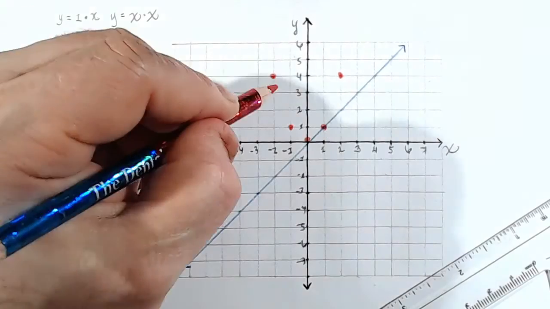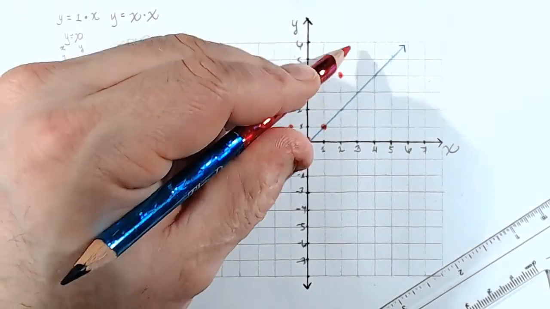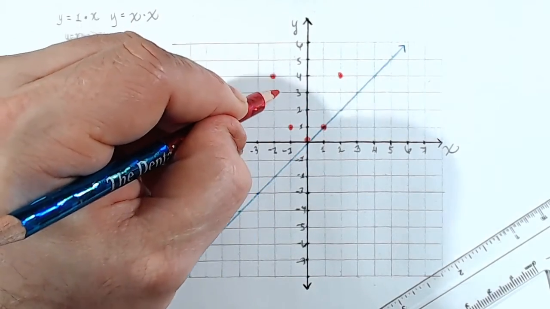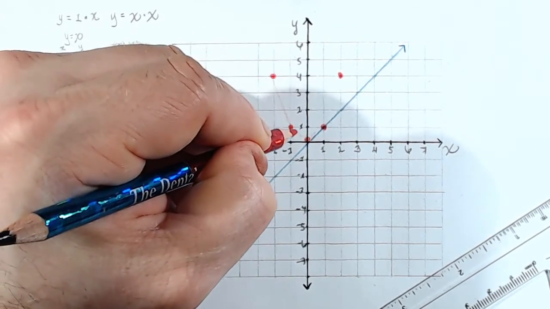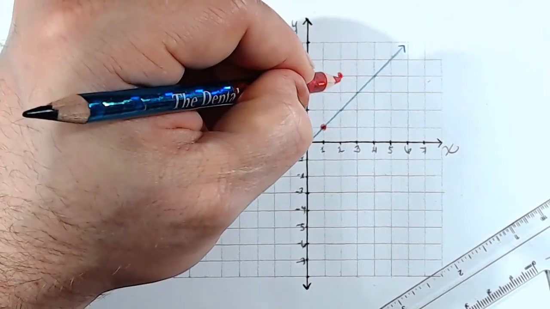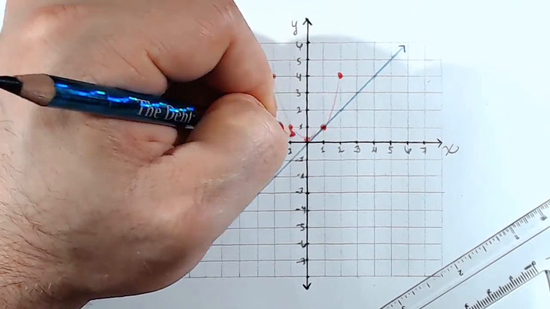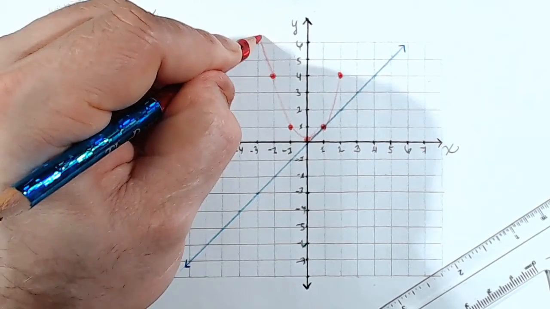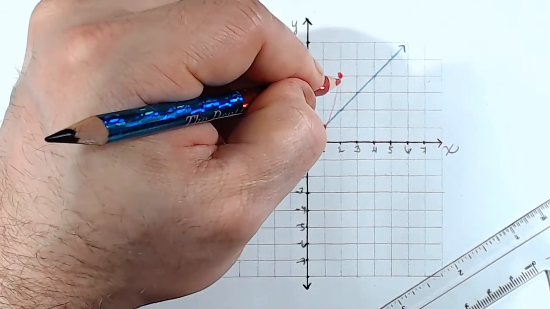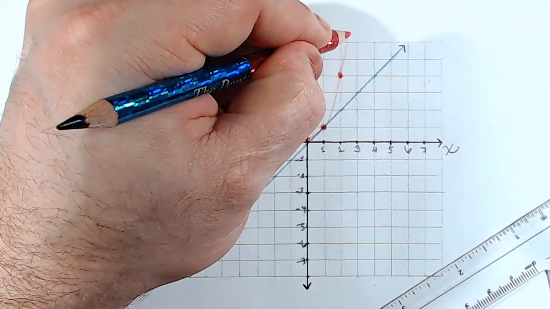So if you draw a line passing through all these points, you kind of create this curve here. Okay. See that?